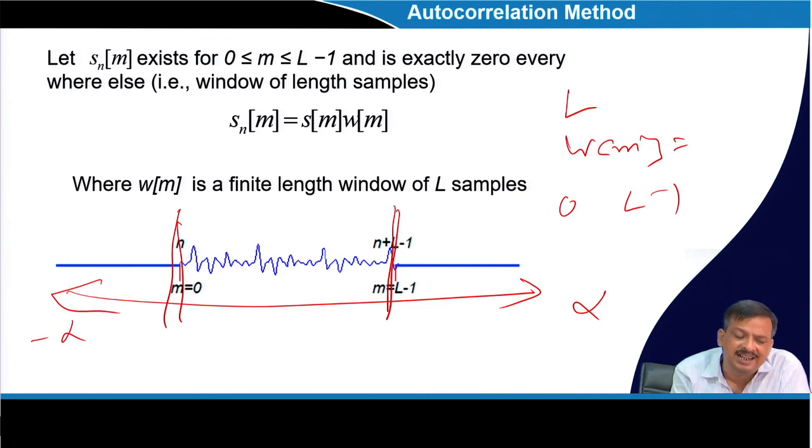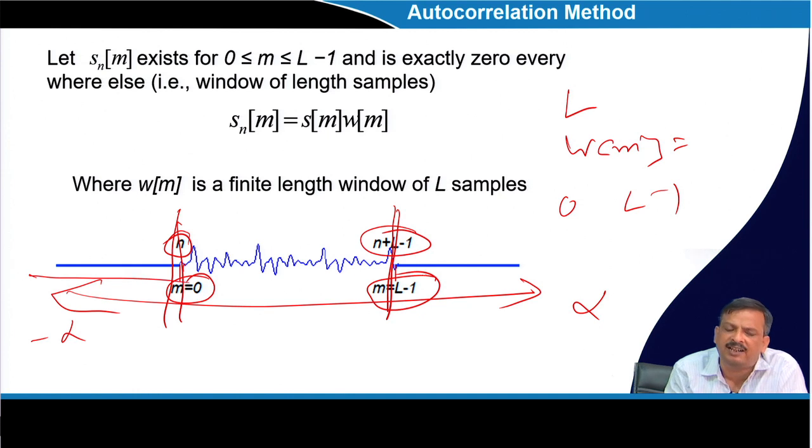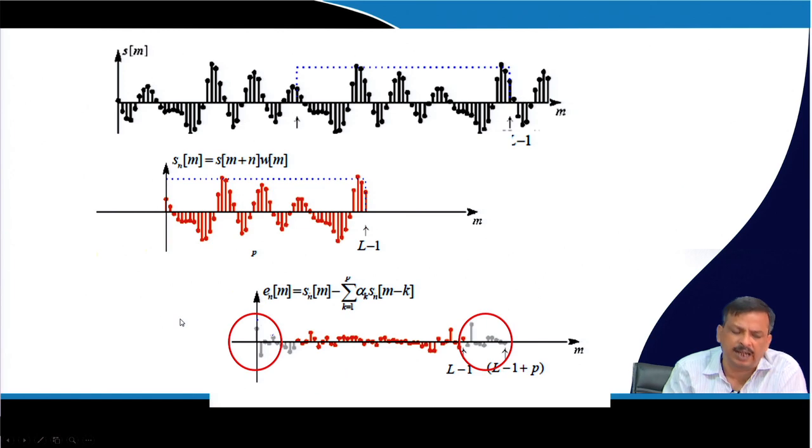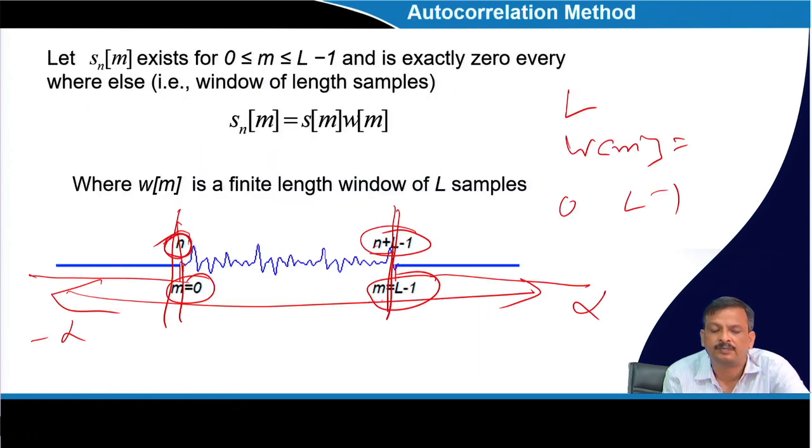So, if I say the index of the signal m equal to 0 to L minus 1, if the start index is n, it is nothing but n plus L. So, in infinite sample space, if the start index is n, it is nothing but n plus L minus 1. If the start index is 0, so it is m minus L minus 1.